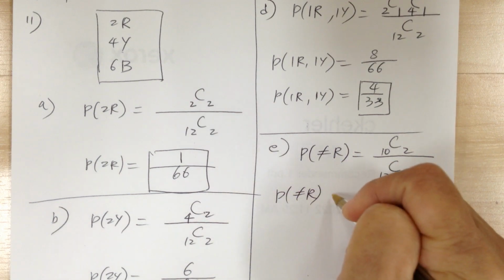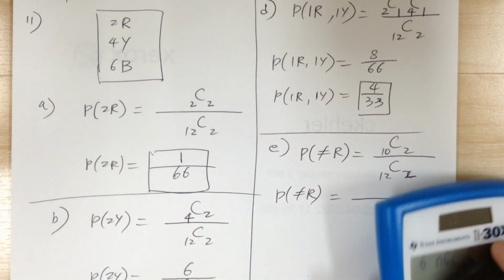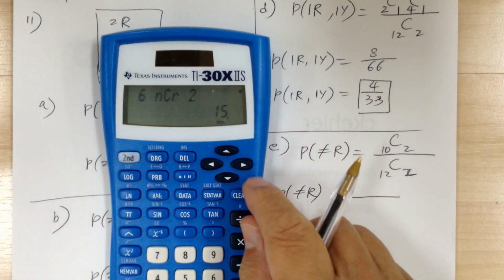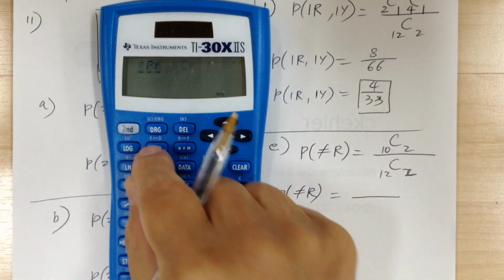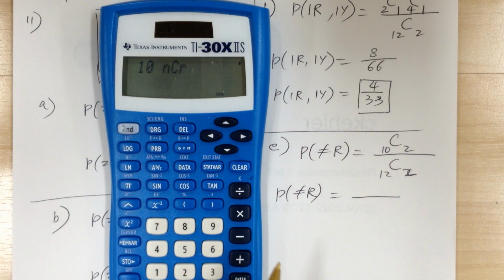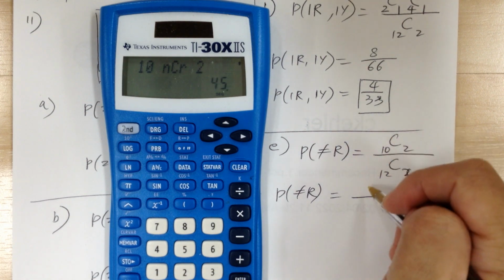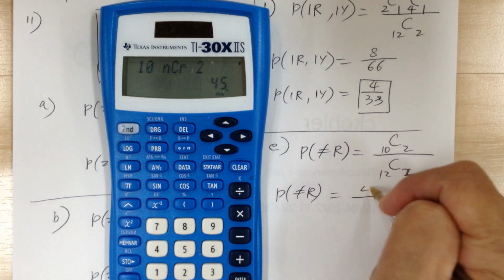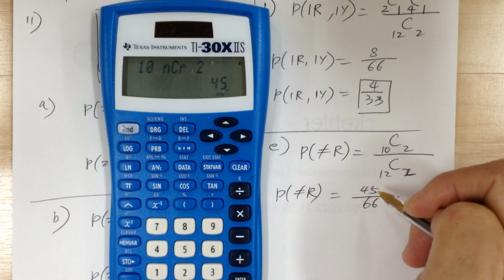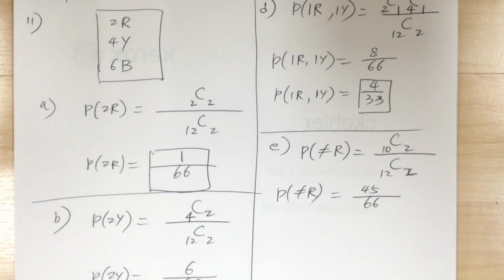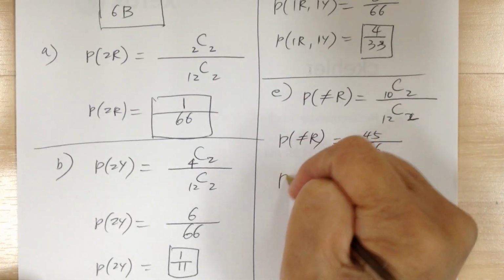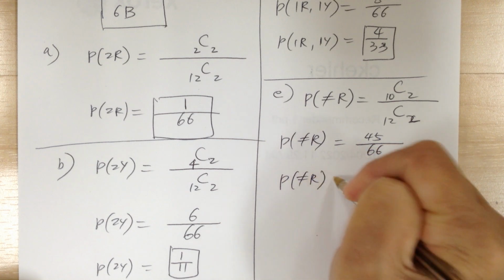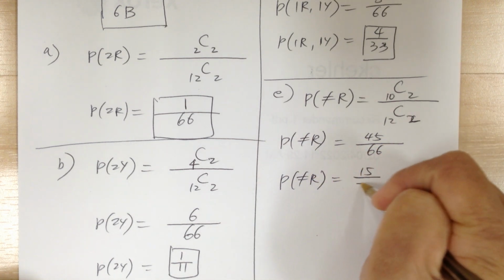So you get 10C2, so that's 45 over 66. And you can reduce by 3. So divide by 3, you get 15 over 22.